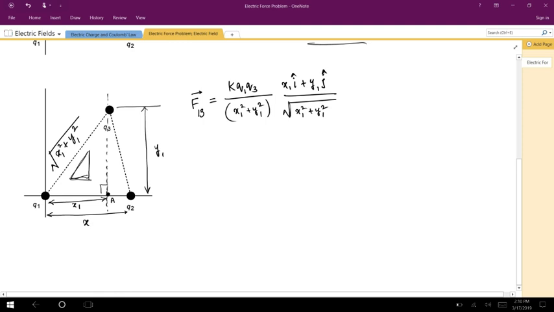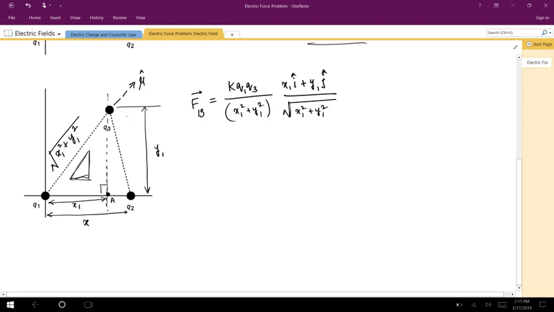And how did I get this vector? Well, I'm really interested in the unit vector pointing along this direction. So if I draw a unit vector over here, this is the unit vector r hat that I'm interested in for finding the force between Q1 and Q3.